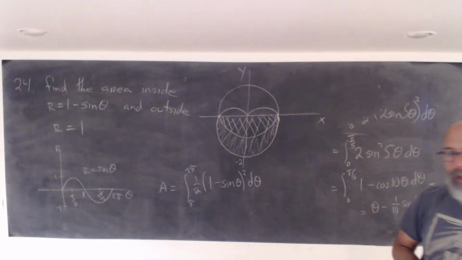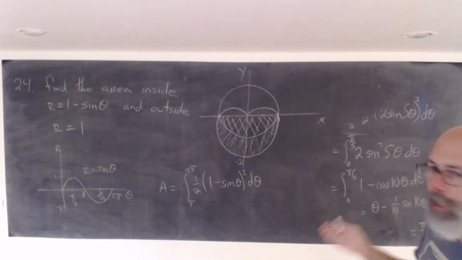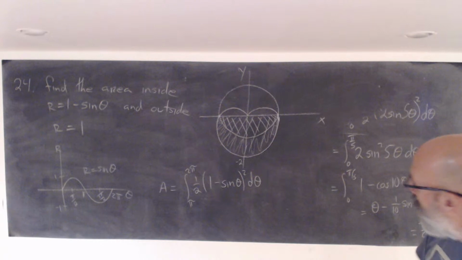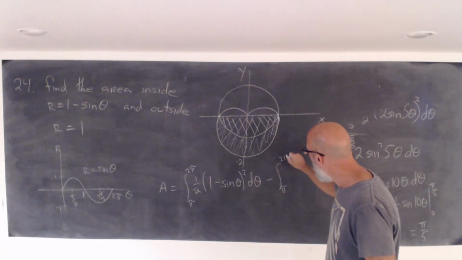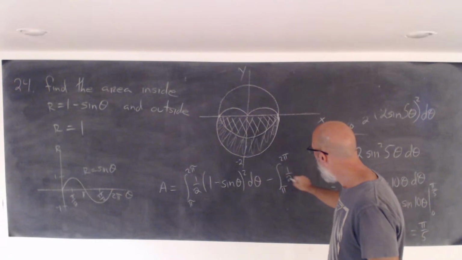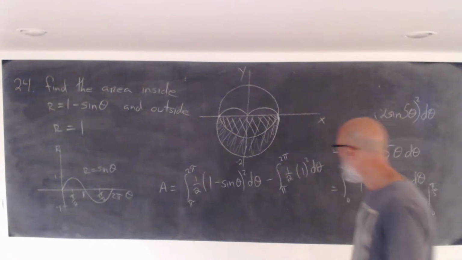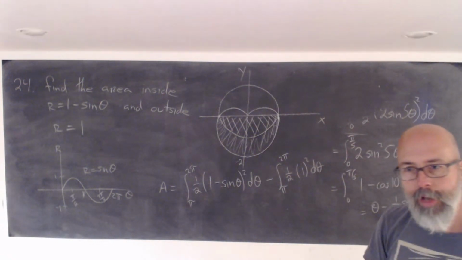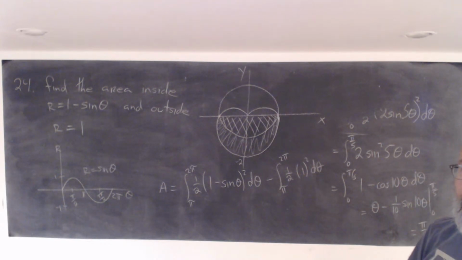So let's remove it. You can remove it as an integral from pi to 2 pi as well of 1/2 r squared. But of course, you know what the answer is going to be, right? It's just half of the area of a circle. So 1/2 pi r squared, where r is 1.